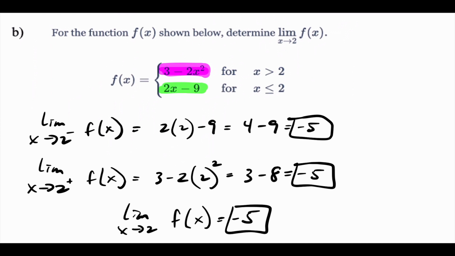It also equals -5. Because 2 squared is 4 times 2 is 8. So 3 minus 8 is -5. I got -5 for both. That means coming from the left, coming from the right, they both approach the same y value. So therefore, the limit at 2 is -5. Okay?